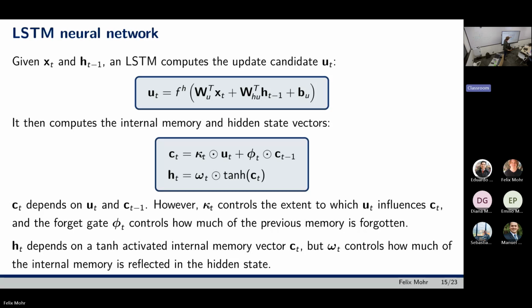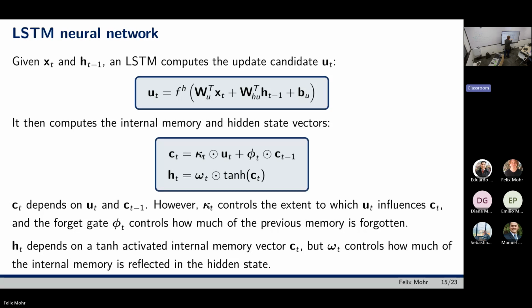I have a new input token, and I want to have this input token interpreted in the light of the current hidden state. So let's say UT is the interpreted input token at time t. Then the brain cell says, I want to incorporate this to a certain degree, controlled by kappa, but to a certain degree, I also want to just keep my current brain state, and that is phi.